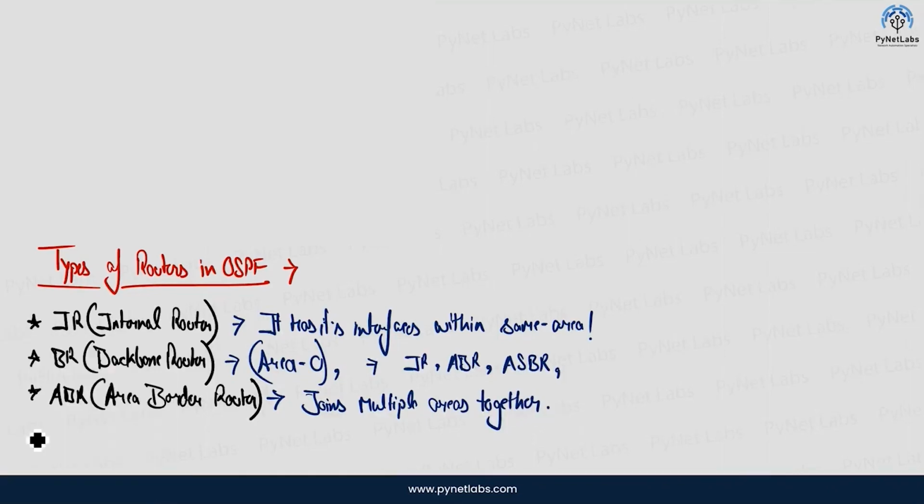And then lastly, we have one more type of router in OSPF, which is ASBR, which stands for Autonomous System Border Router.